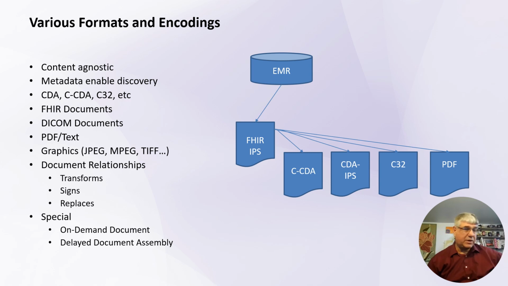So you might have a transform which is a consolidated CDA or a C32 or even a PDF or a text file. These transforms have a relationship so that if someone has a pointer to the C32, they can see that it is a transform of the FHIR IPS, and it knows that the content in that C32 is semantically the same as the content which is in the IPS.